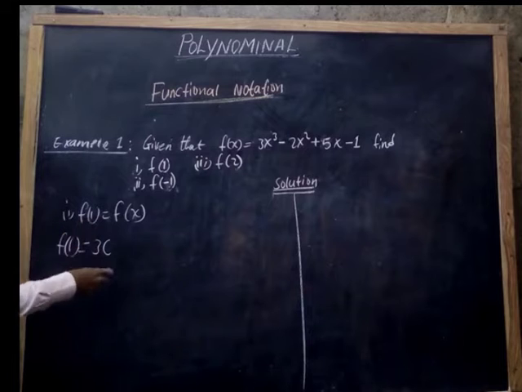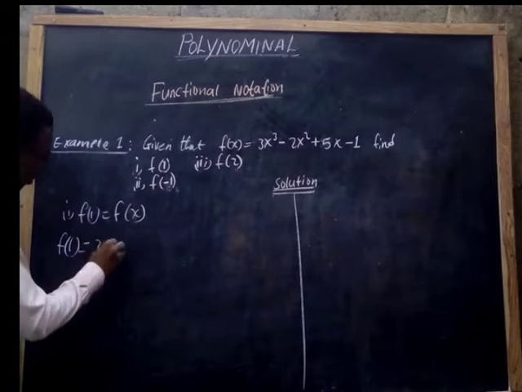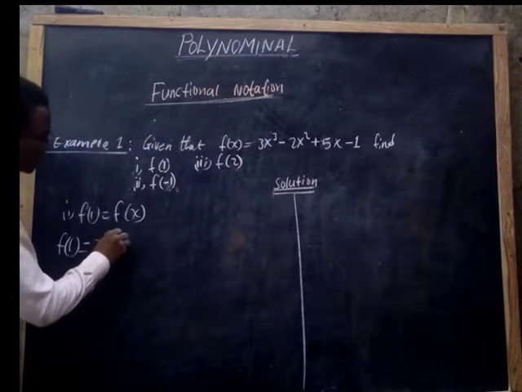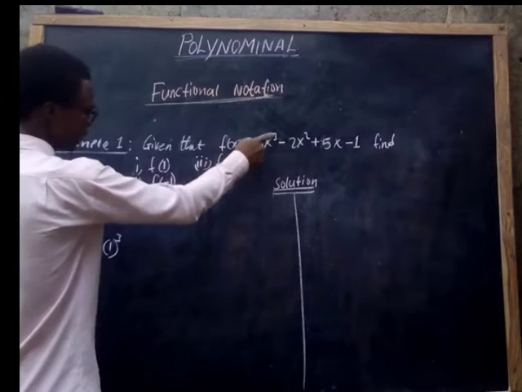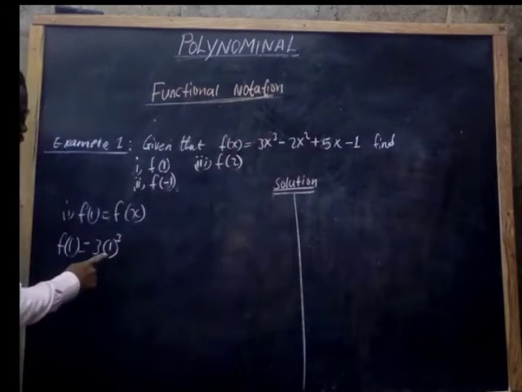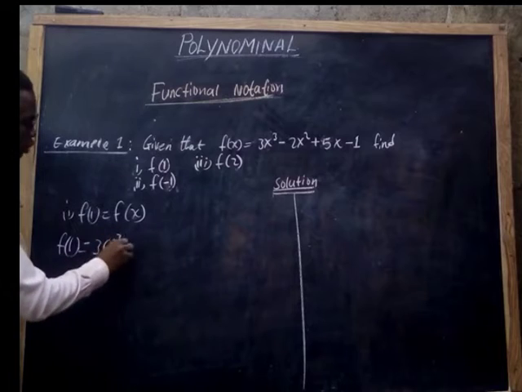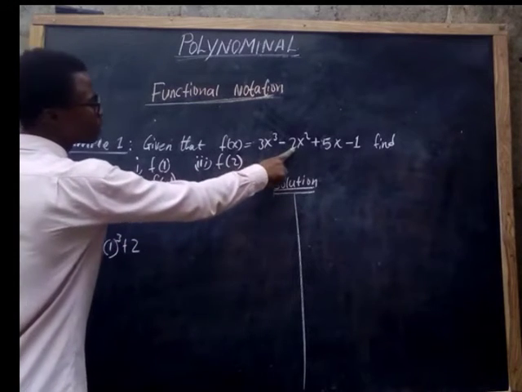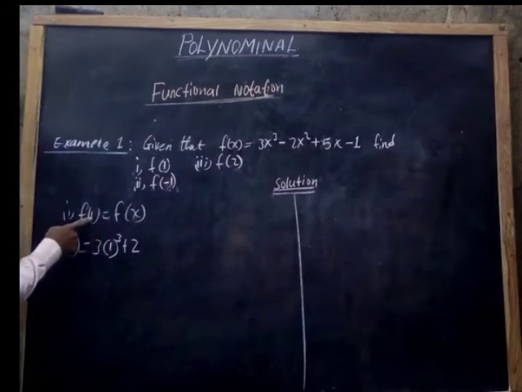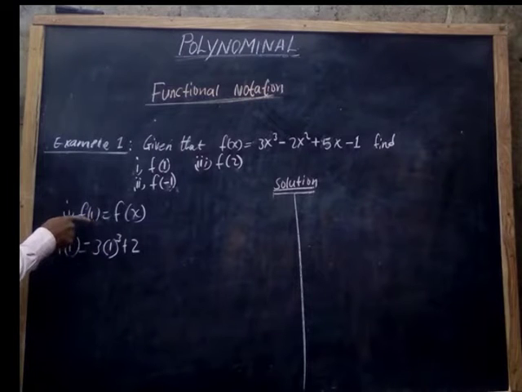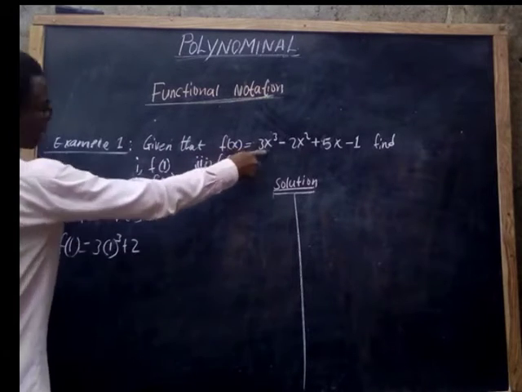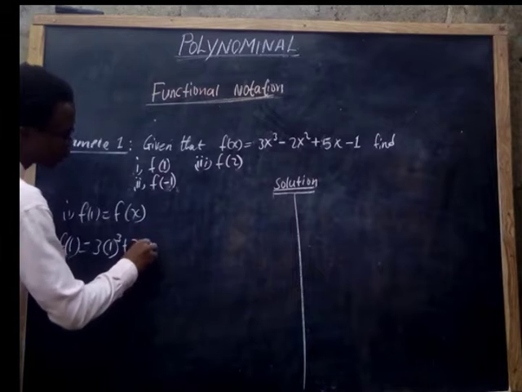That's why they say f of 1. So 1 raised to the power 3, since this x is raised to the power 3. Plus 2, and anywhere you see x you put 1, because you are solving for f of 1. So I put 2 bracket 1 raised to the power 2.